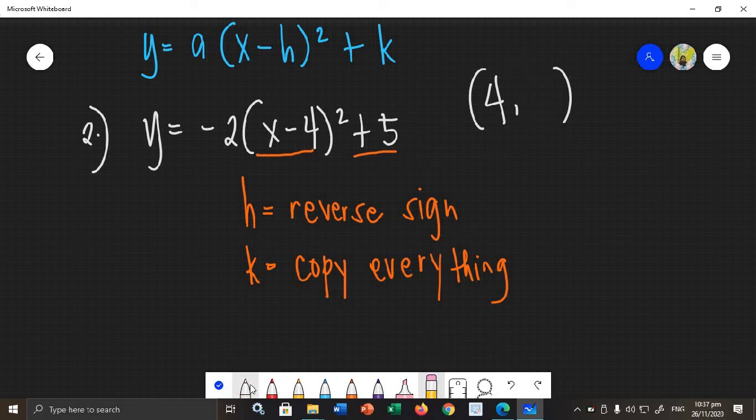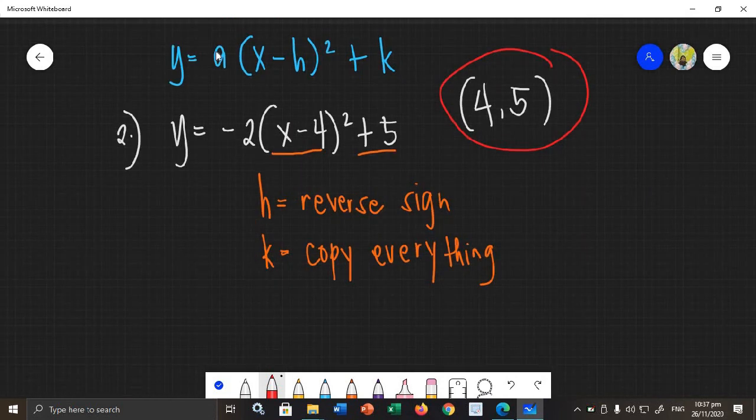So, positive 5 is K. Therefore, the center of this given is quantity 4 and 5. So that is how you get the values of the center if the given function is in standard form and if the given function is in this form.